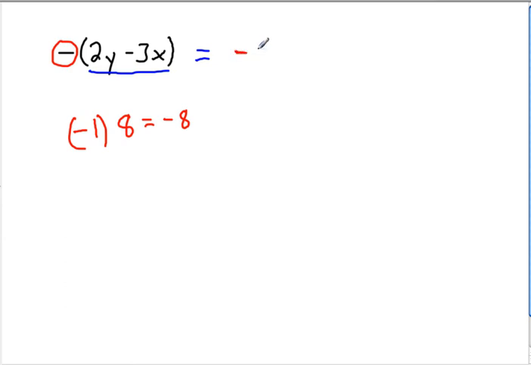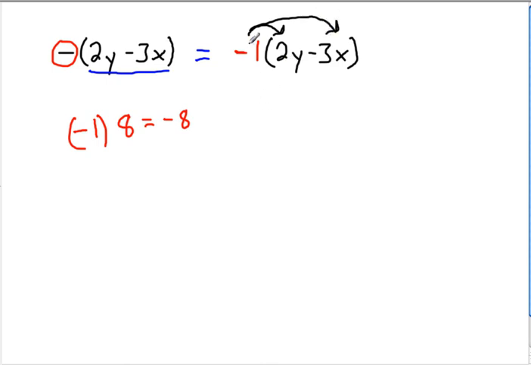So instead of having just that minus out there, we can actually make it look like -1 times 2y minus 3x. So the opposite of 2y minus 3x is going to be -1 times 2y minus 3x. Now you can see the distributive property is going to be useful here because we're going to multiply that -1 times both items.